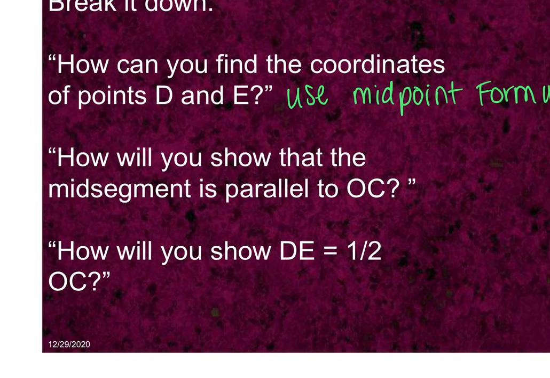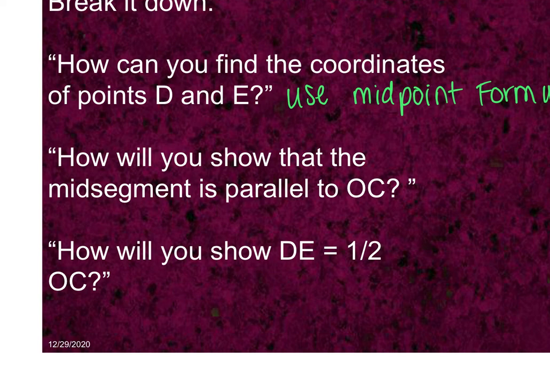How will you show that mid-segments are parallel to each other? How would you show that something's parallel? What do you need to show something's parallel? From a graph, how do we know that two lines are parallel?